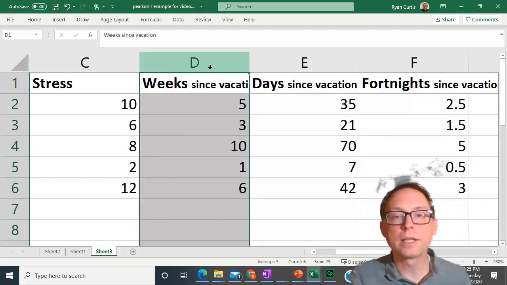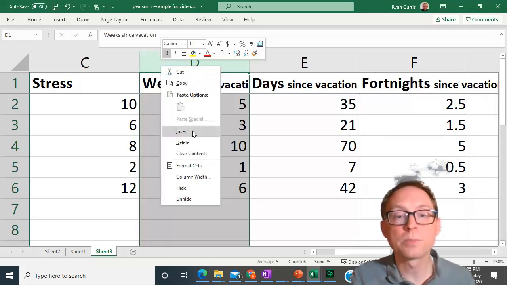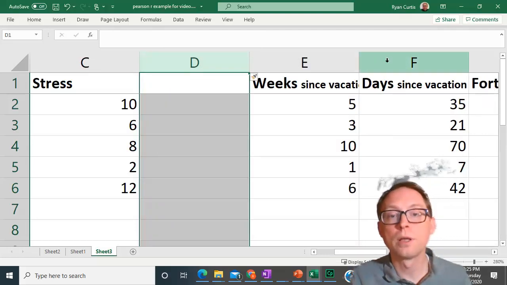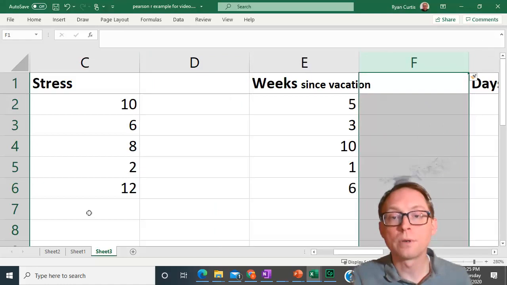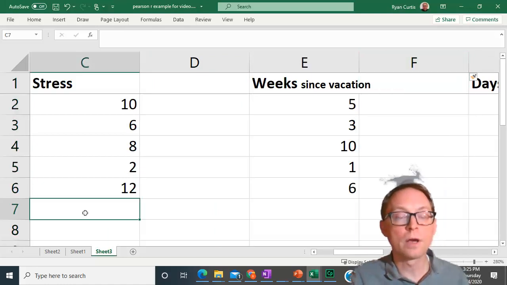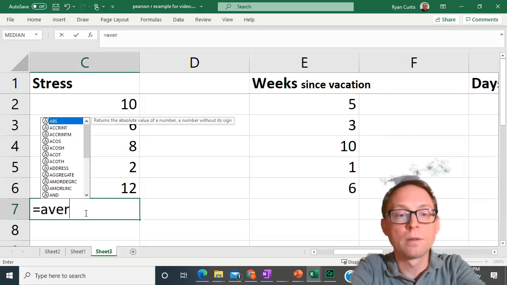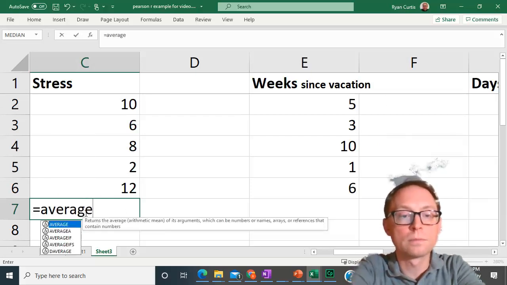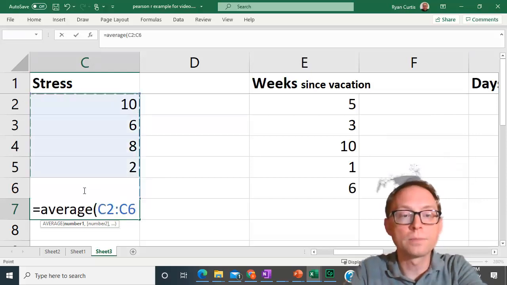Let's get the deviations for stress and the deviations for weeks and make sure that we know what they are. So to do that, let's make some space. I'm going to put an extra space after stress, an extra space after weeks, and we need to get the mean. So this is going to be the average, the mean of stress.